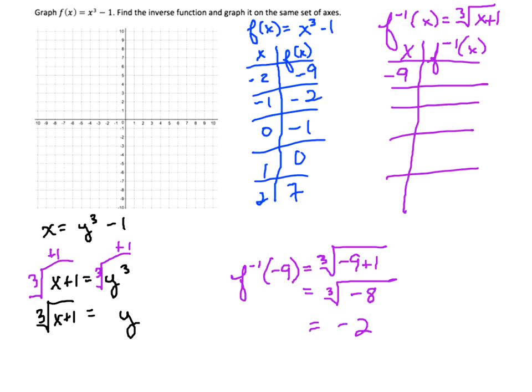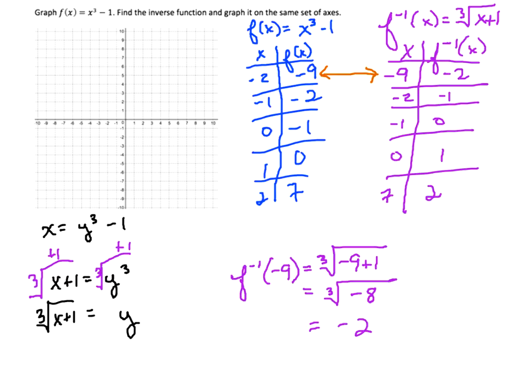The cube root of -8 is -2, because -2 times -2 times -2 equals -8. So when I plugged in -9, I got out -2. Now look, it's the exact flip-flop of the function. So I can just flip-flop all my points. -2, -1, -1, 0, 0, 1, 7, 2.